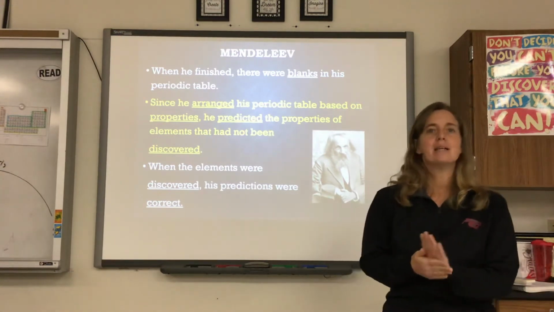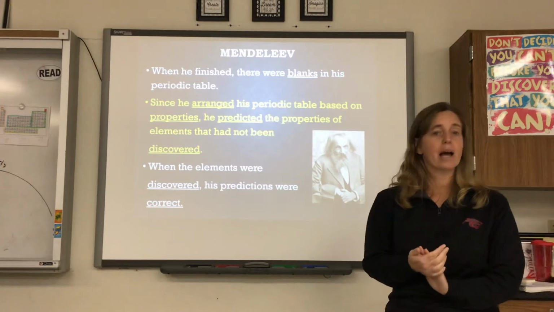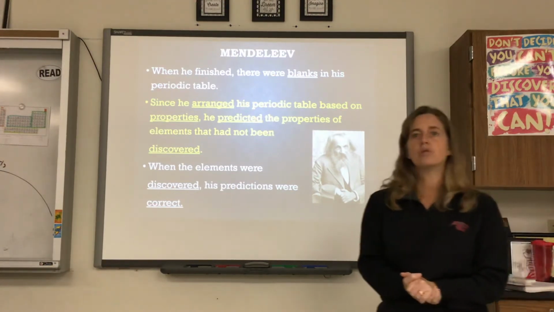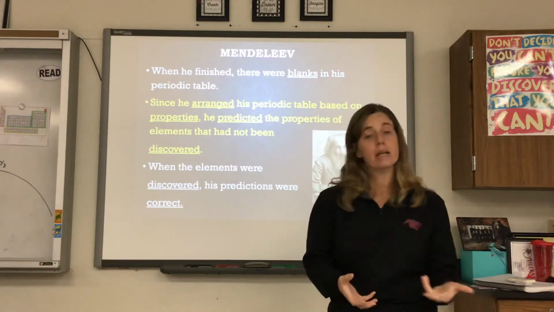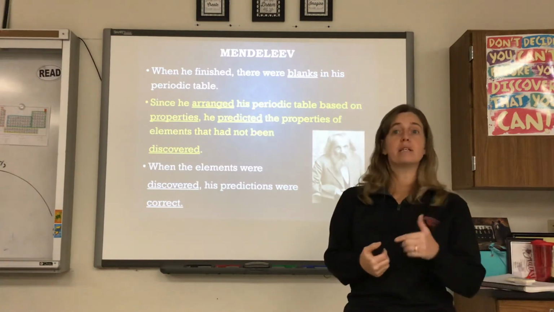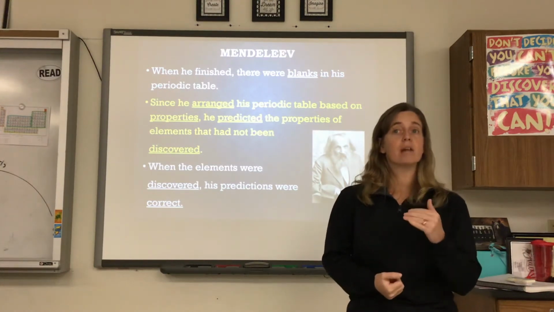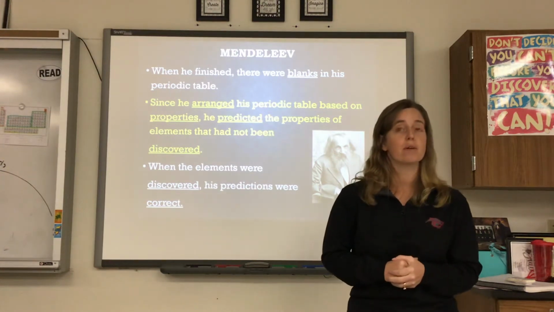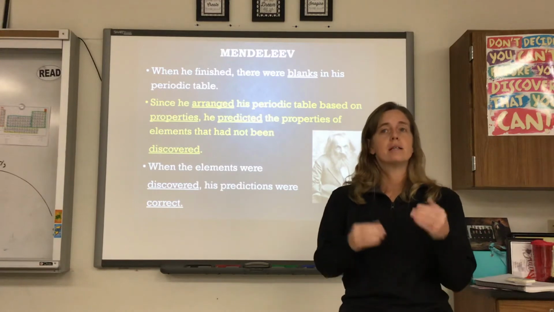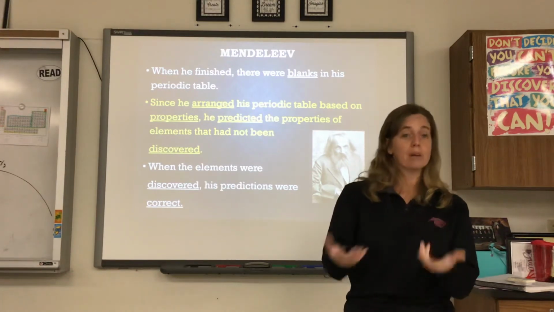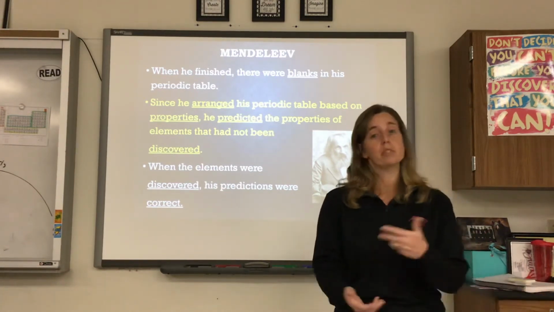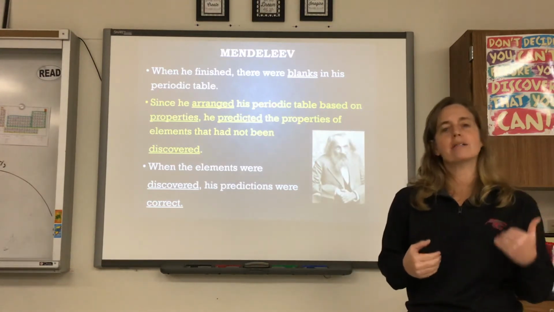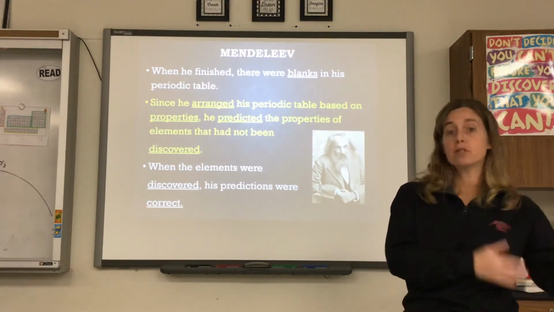He was 98% accurate. And when I say accurate, he was able to predict germanium, the element we see underneath silicon. He knew that there was an element between silicon and tin, because those elements had been discovered, but the element between them, which we now know as germanium, had not. It was discovered in Germany. But he called it ecosilicon, which means after silicon.